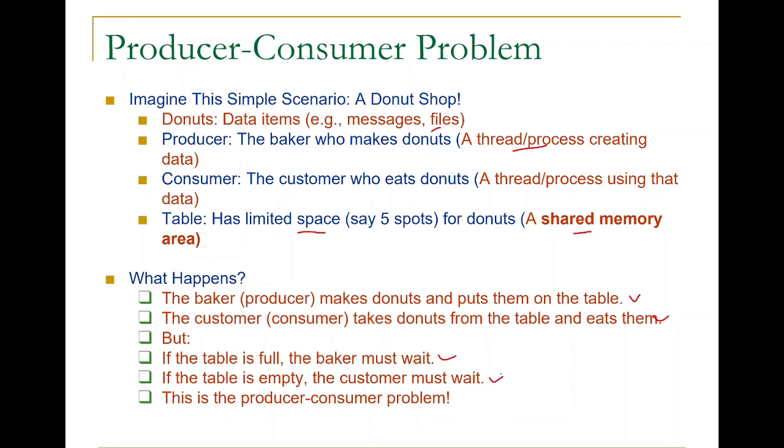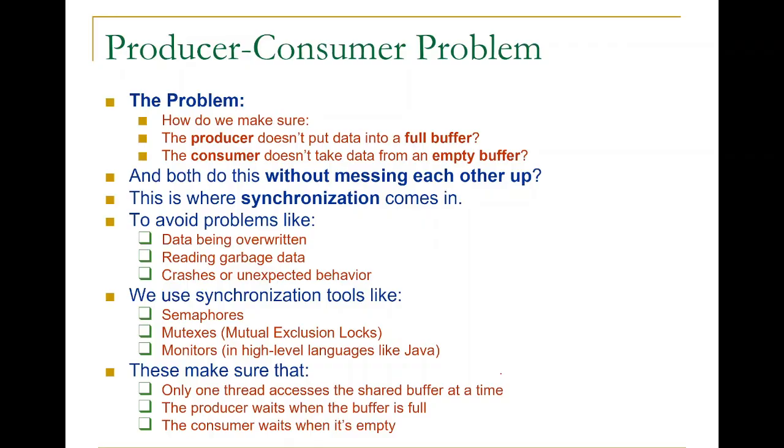So the question now is, if I have placed a donut on the table, which is the data being produced, in shared memory, and he does not see anywhere else to put it, what should happen next? He will go and wait. How would the consumer tell him, look, I've started eating, you can feed me more? Because we are not talking about an unlimited table here. So the problem is, how do we make sure that the producer doesn't put data into a full buffer?